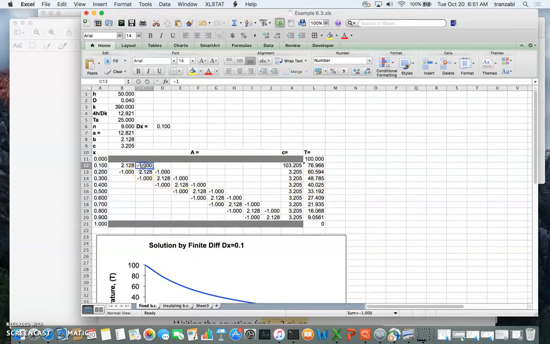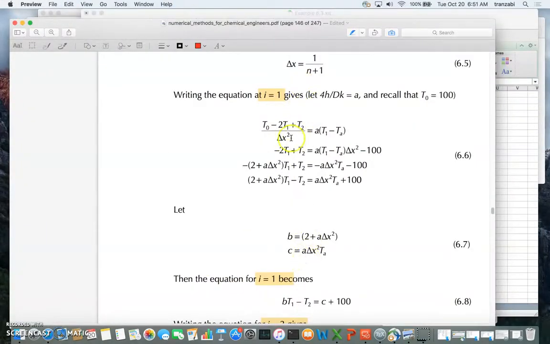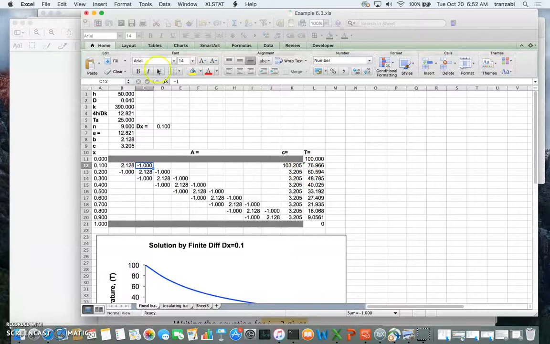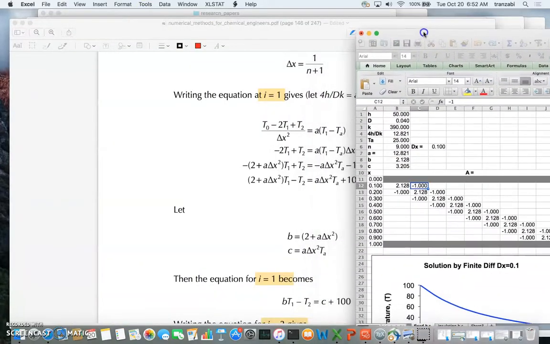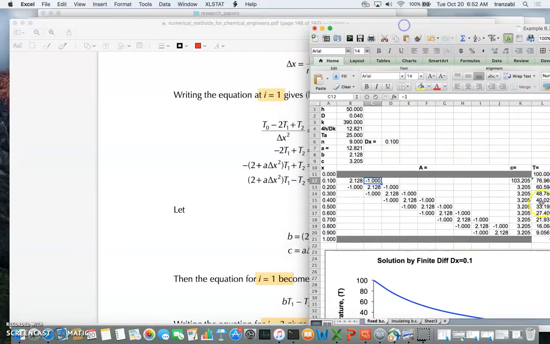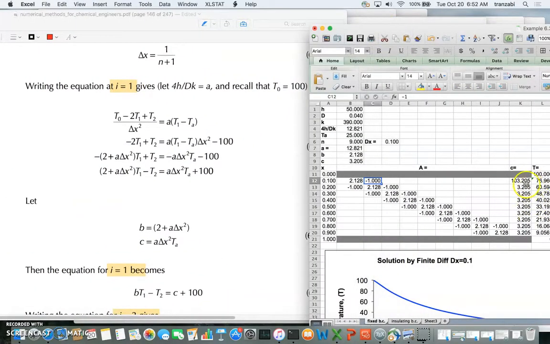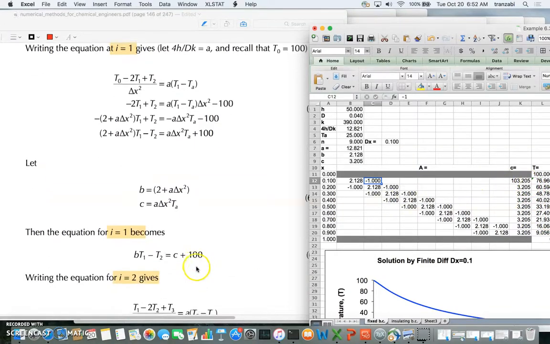In the first equation, the coefficient for T2 is minus 1, so here is minus 1, moved to the side. And the right-hand side is 100 plus C, and C is 3.205, so 100 plus C is 103.205. Okay, we go to the next equation.